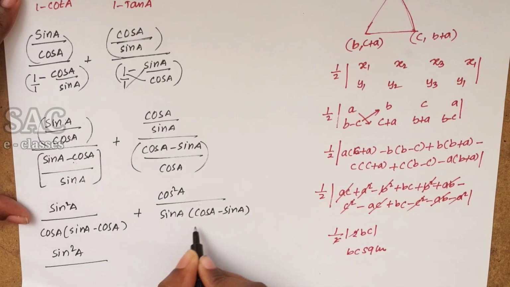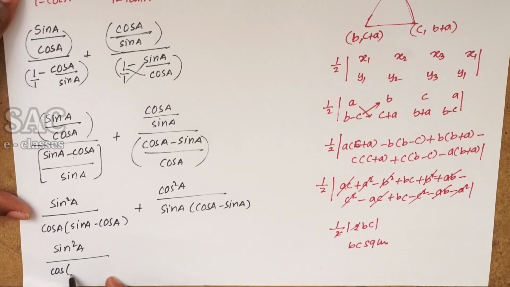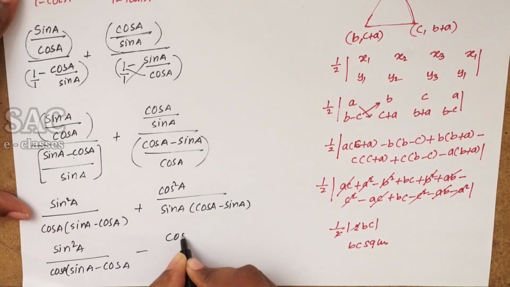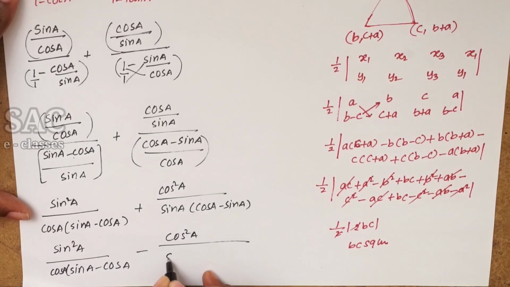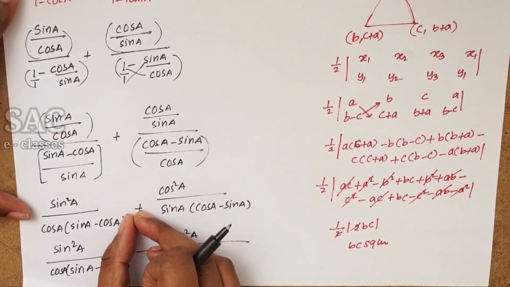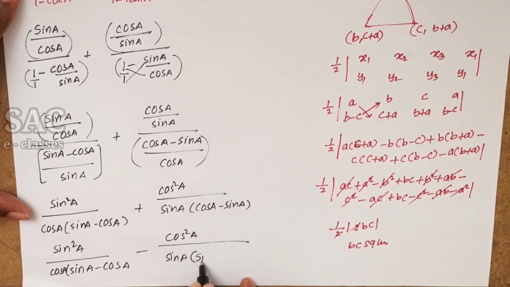But if you observe, it is not there. That is why let me express cos A minus sine A as sine A minus cos A. But can we express it like that? No. That is why here positive I made into negative.